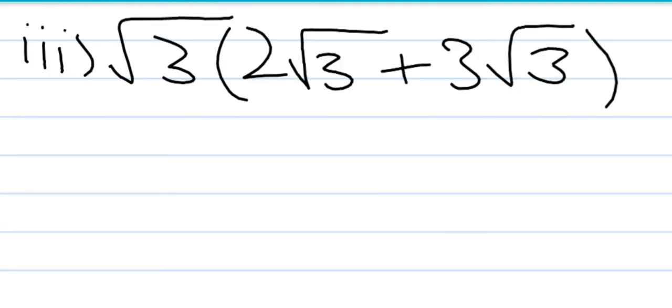So the next question is under root 3 into 2 under root 3 plus 3 under root 3. I've skipped the second part because it is also like the first part and not very difficult to do.